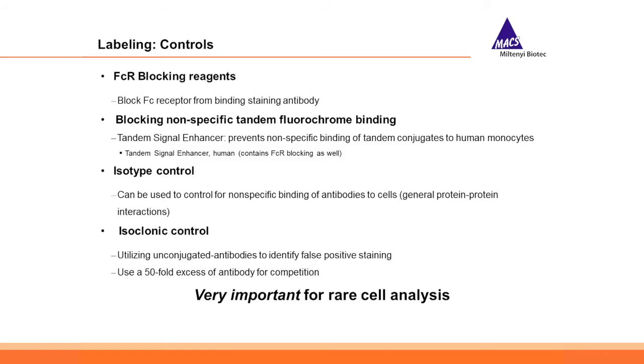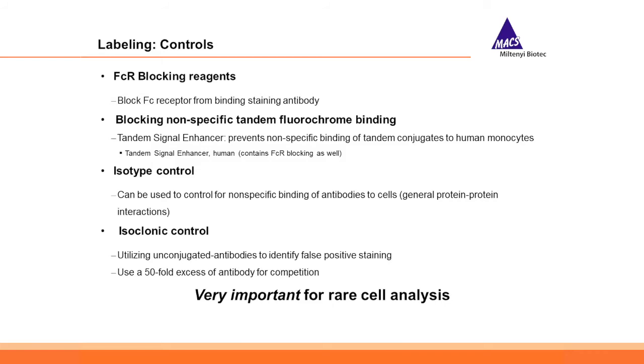And you incubate the cells with this antibody instead of with the staining antibody. And then you can estimate, okay, I have so and so many positive events in this isotype control sample. So this is the background that the antibody and the fluorochrome have on this type of cells. I will show an example for this in a few minutes.